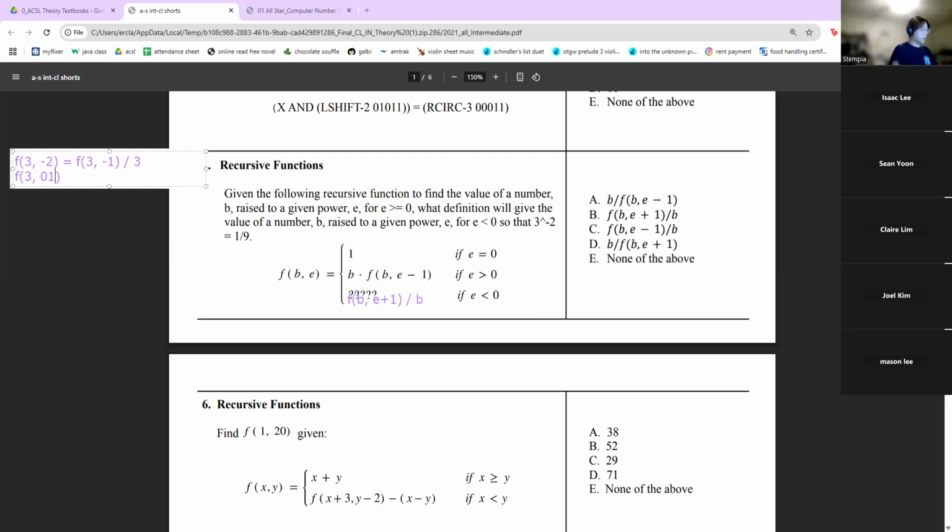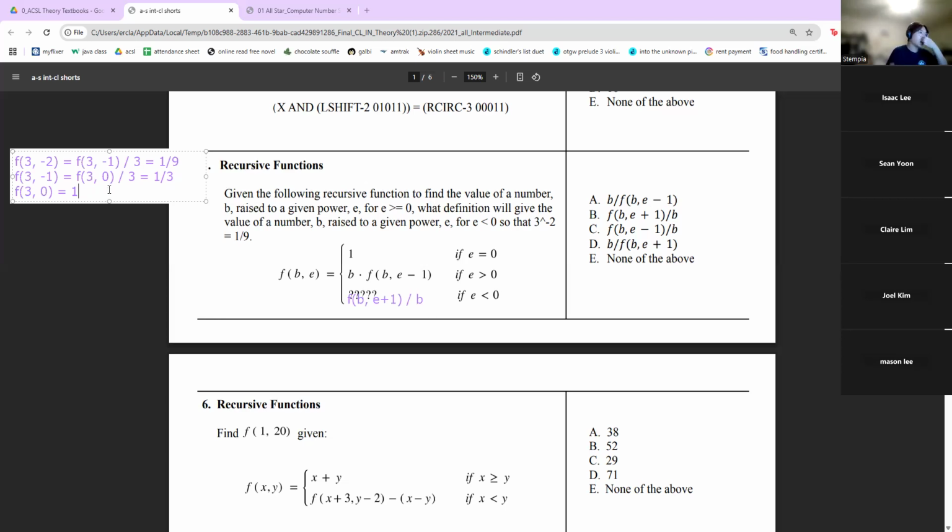F of 3 comma -1 is equal to f of 3 comma 0 divided by 3. And then f of 3 comma 0 is just 1. This is then going to give us 1/3, and then this gives us 1/9, which is the answer that we want. Spoilers, the answer to this is just going to be B.